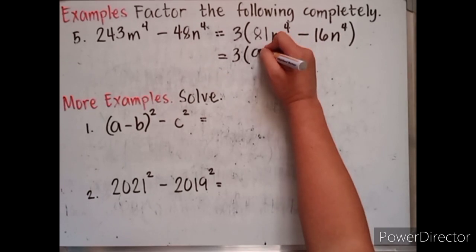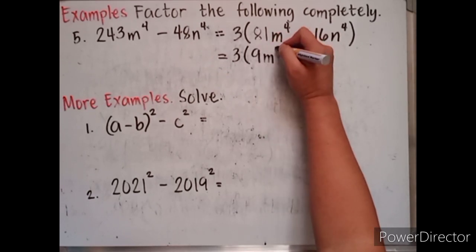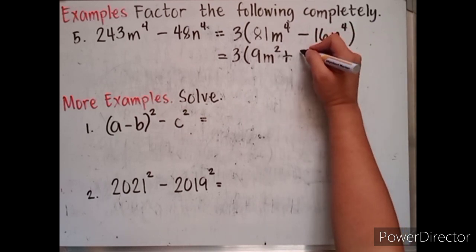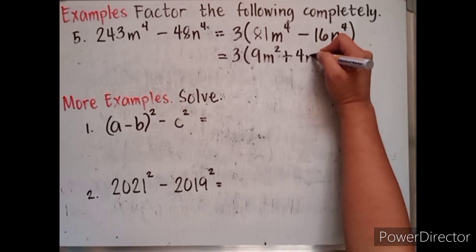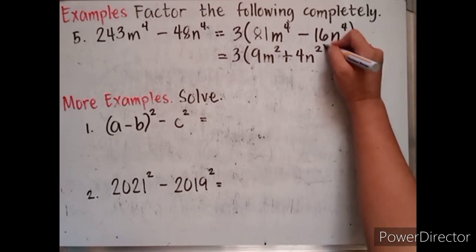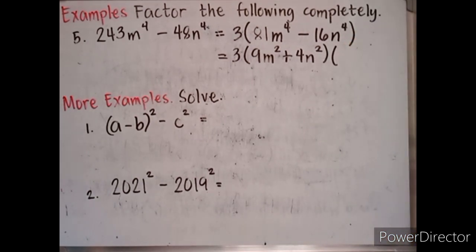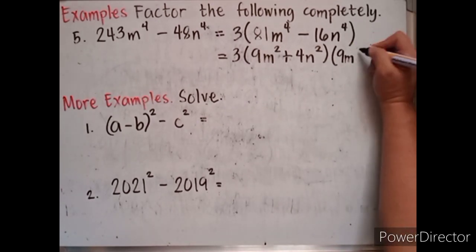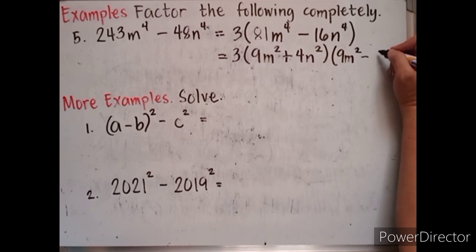Square root of 81 is 9. Square root of m to the fourth is m squared. Unahin natin yung plus. Square root of 16 is 4. n squared. Okay, so we have yung isa naman minus. So we have 9m squared minus 4n squared.